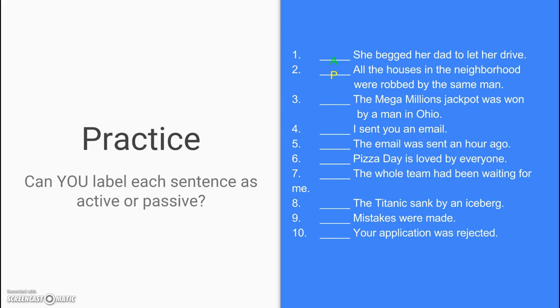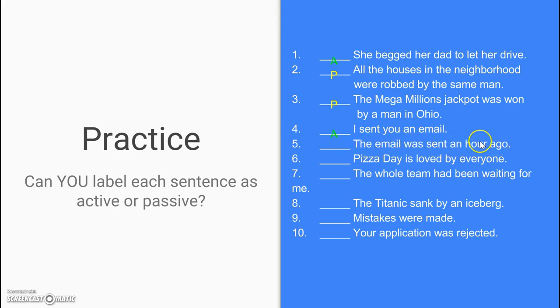Number 3, "The Mega Millions jackpot was won by a man in Ohio." A man in Ohio is doing the winning. This is passive. Number 4, "I sent you an email." Subject, verb, object, active.